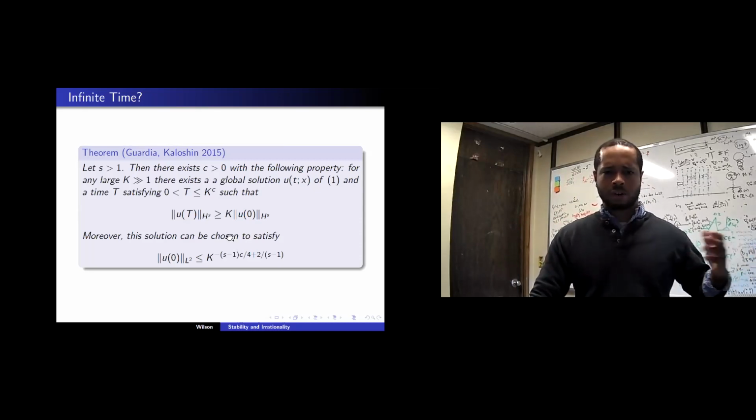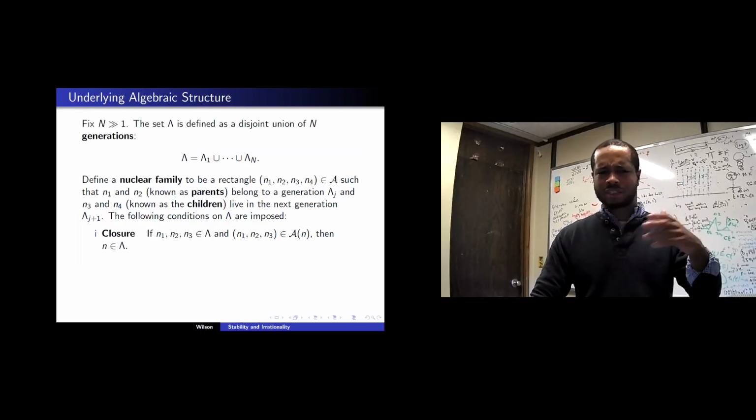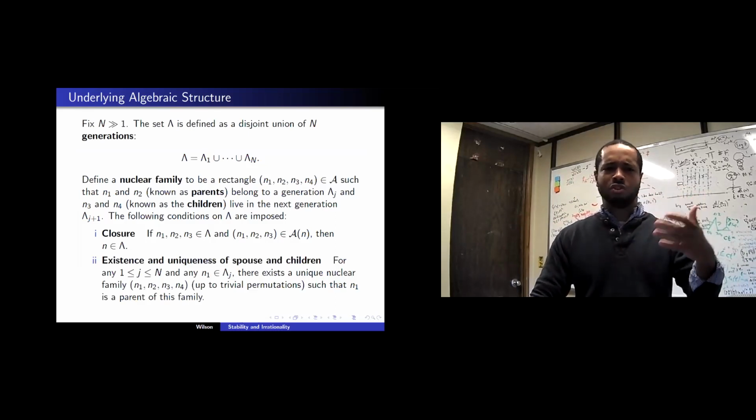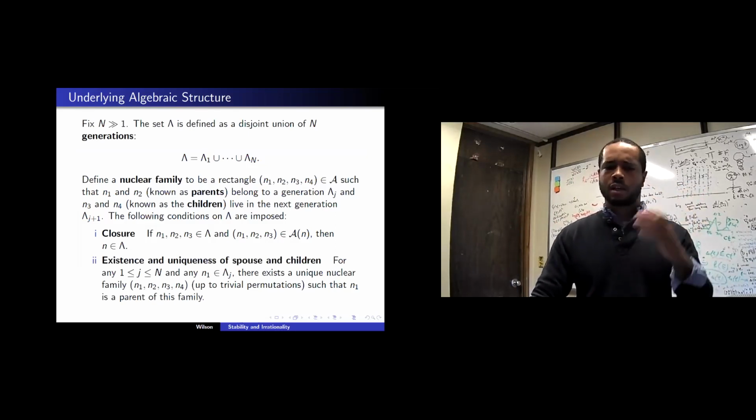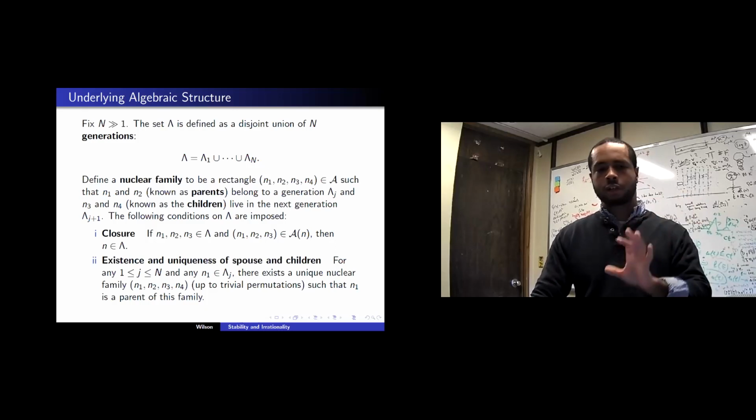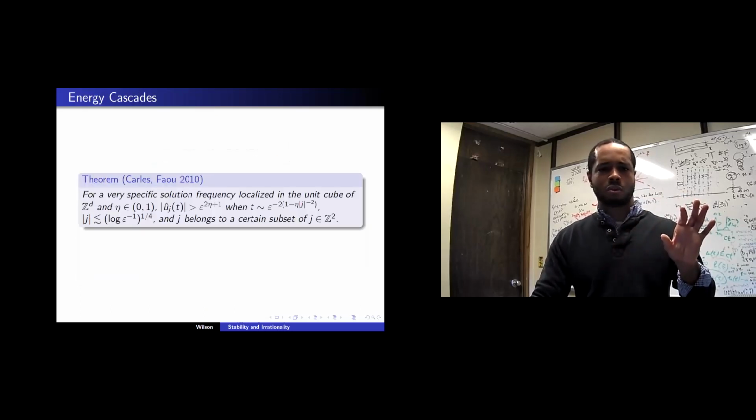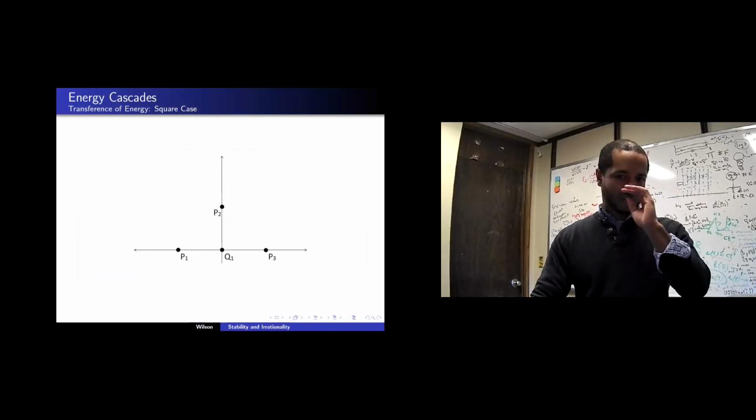What Gigliola and I also prove is that you can't actually do this same type of construction of solutions that grow in time. And so again, and this is a lot here, but let me go back to this picture here.